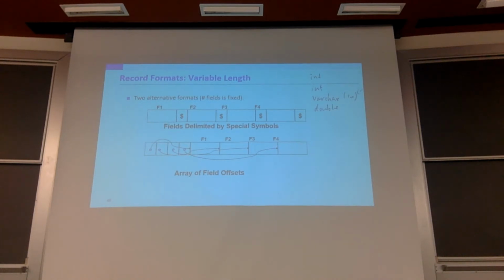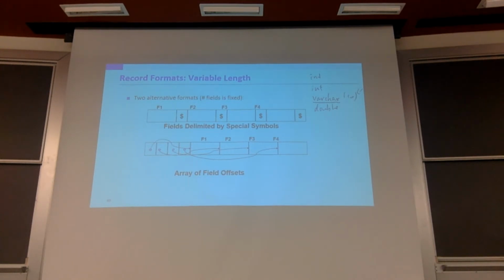This one is variable length because it is a varchar instead of char. That means the length of this string could be smaller than 10, but it will not exceed 10. So how do you store that?